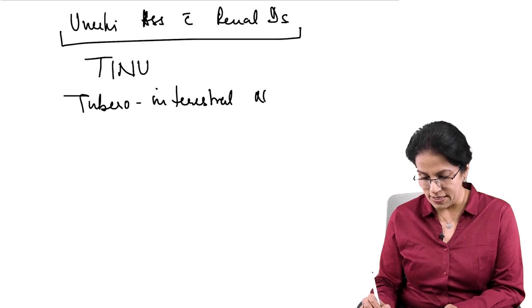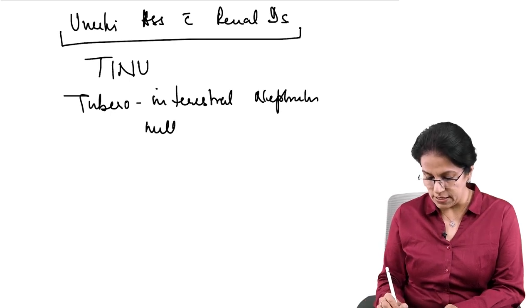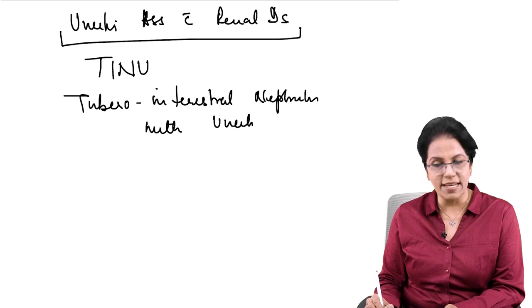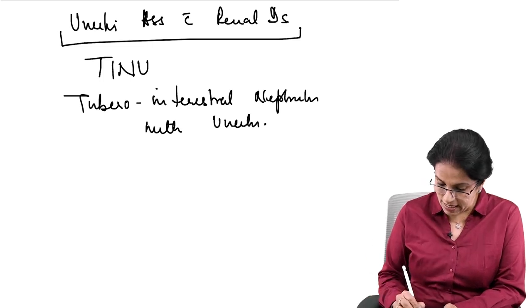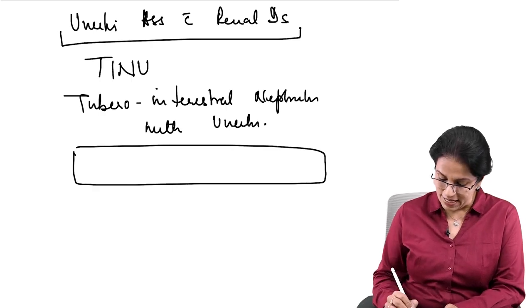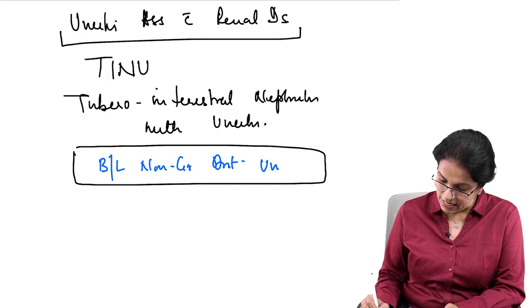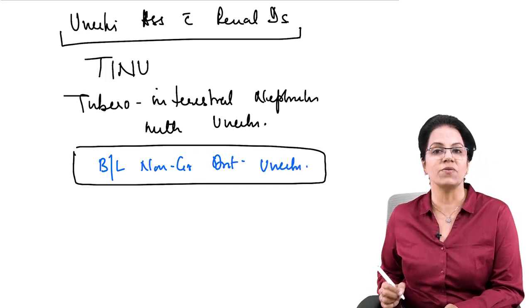Just let us know what is the type of uveitis. It is again your non-granulomatous anterior uveitis, typically bilateral.